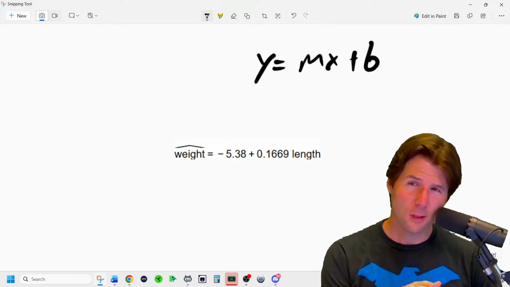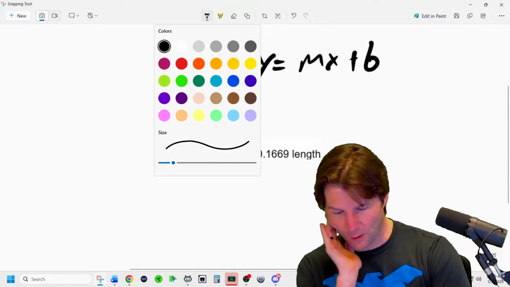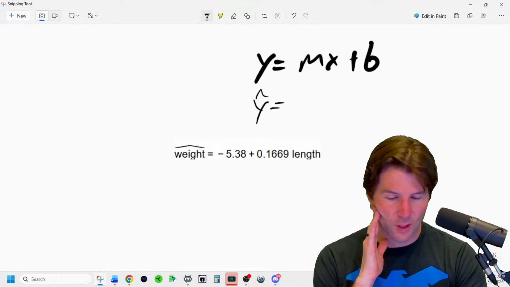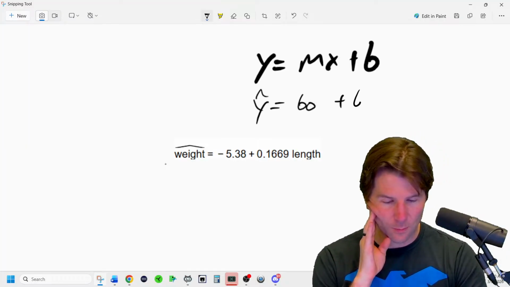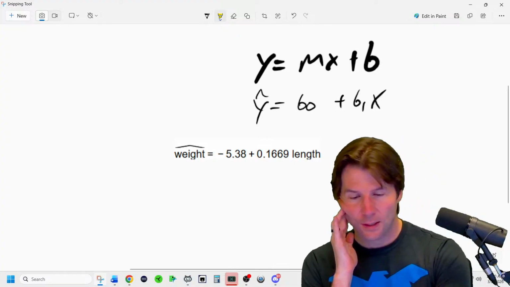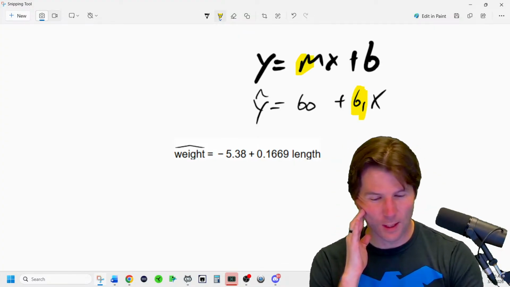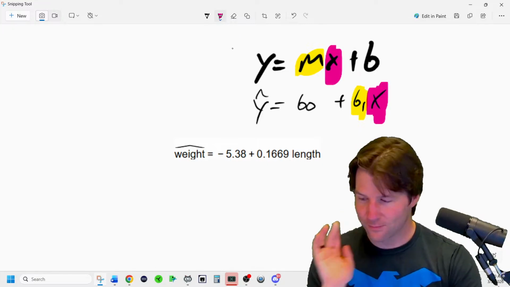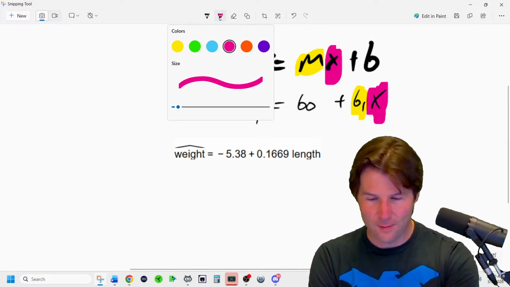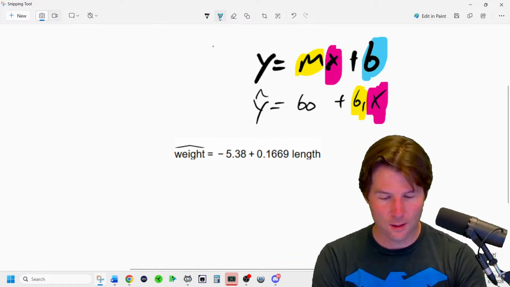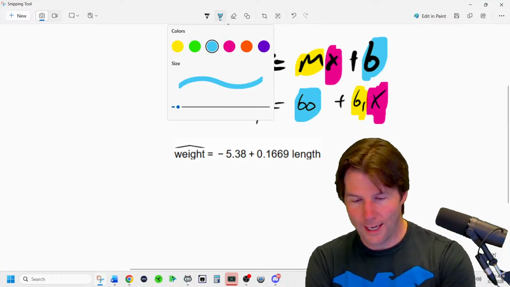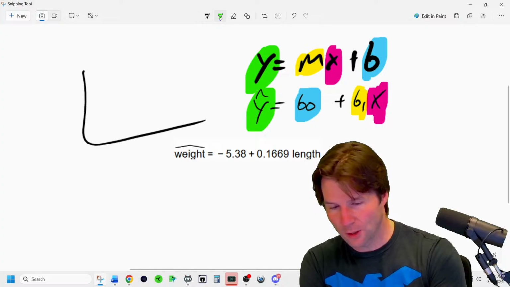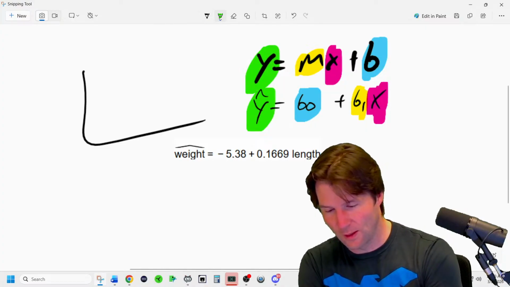You can do it that way, but in statistics we prefer to say y hat equals b0 plus b1x. That makes b1 the m, x the x, and b0 the b, and y hat is the predicted. Very important that when you're talking about y hat, you're talking about the line of prediction.